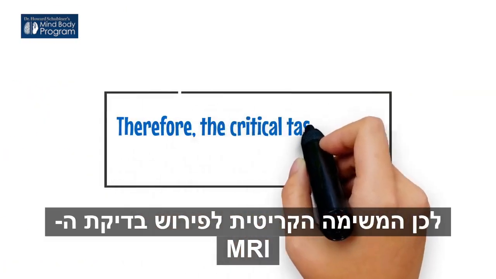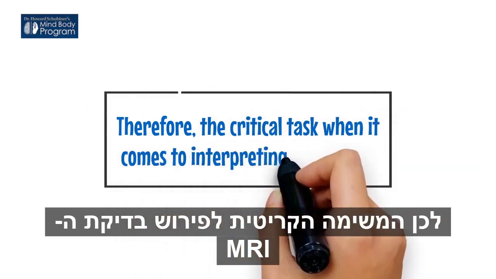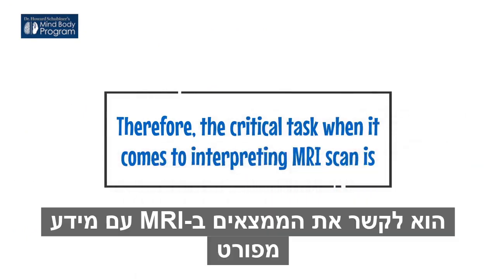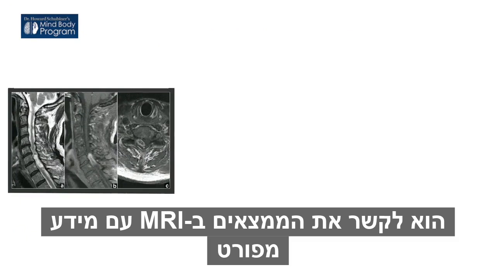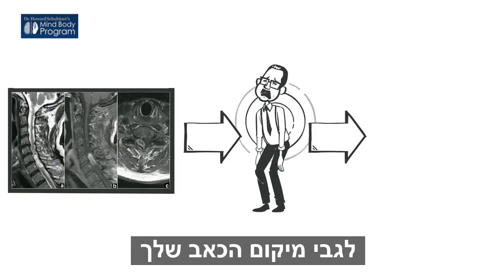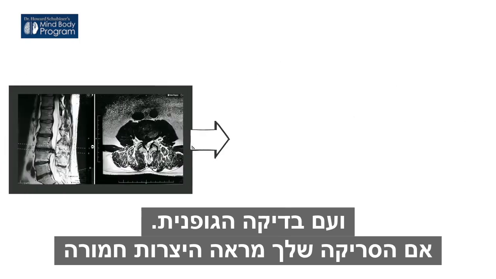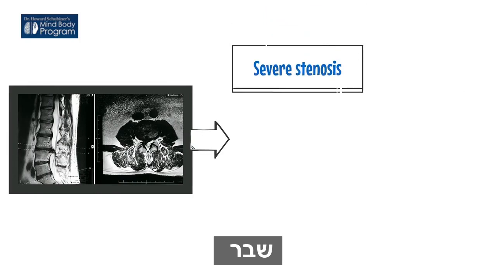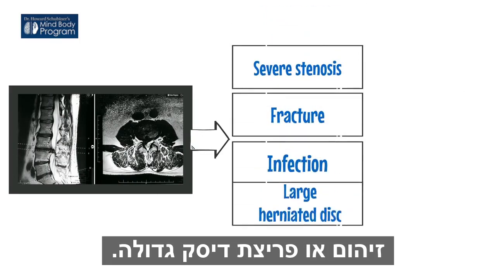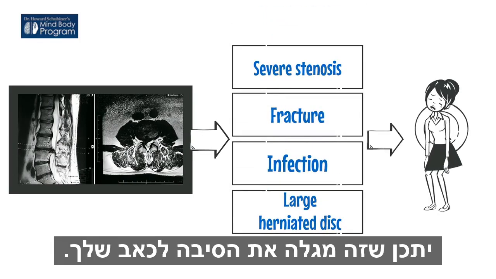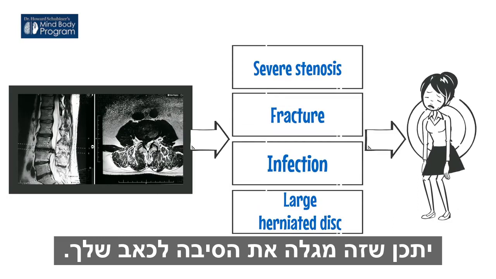Therefore, the critical task when it comes to interpreting an MRI scan is correlating the findings on the MRI scan with detailed information about where your pain is located, and also with a physical exam. If your scan shows severe stenosis, a fracture, an infection, or a large herniated disc, it may be revealing the cause of your pain.